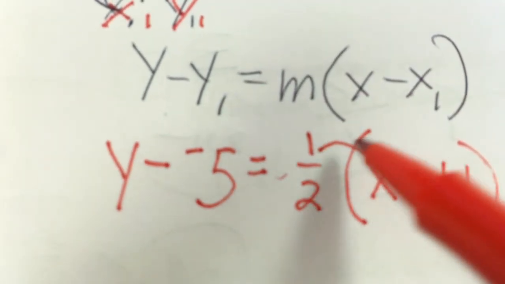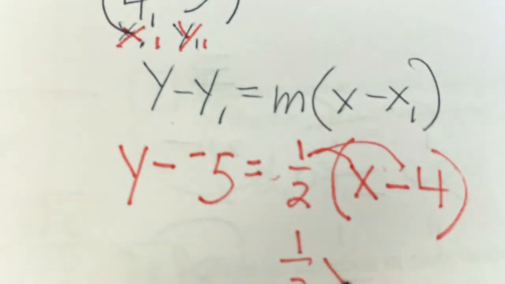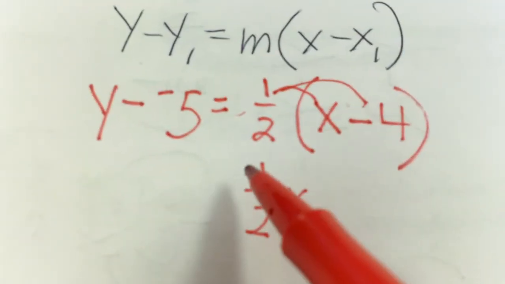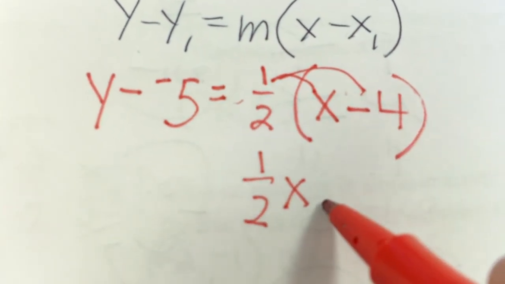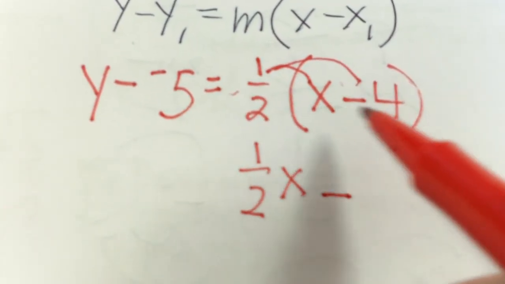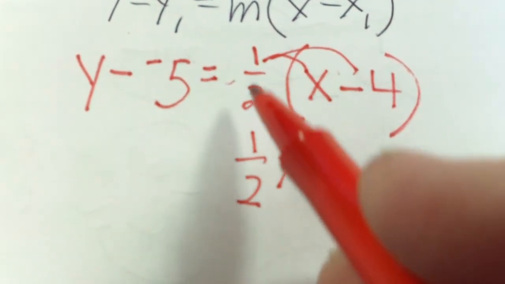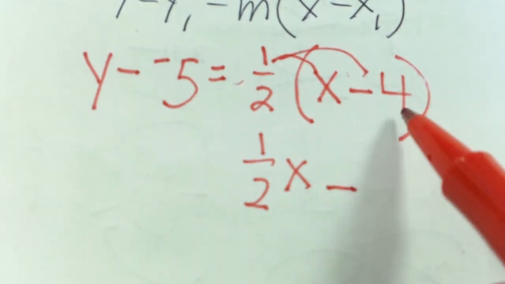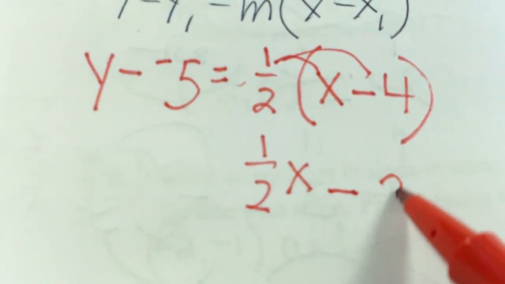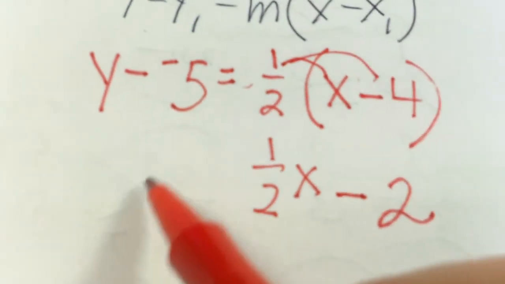We're going to do our distributive property here, and we're going to get 1/2 x. Now, 1/2 times negative 4. A positive times a negative is a negative, and 1/2 times 4. If you have a half 4 times, don't 2 halves make a whole? So if 2 halves make 1 whole, 4 halves make 2 wholes. And since it's a positive times a negative, it's negative 2.